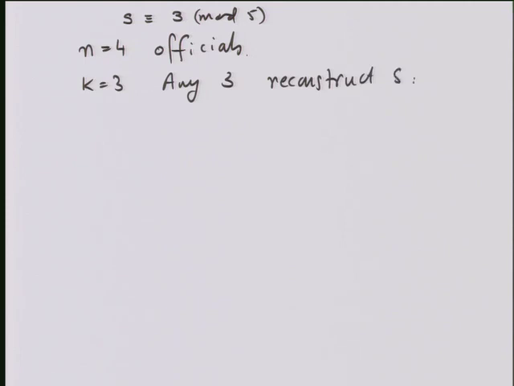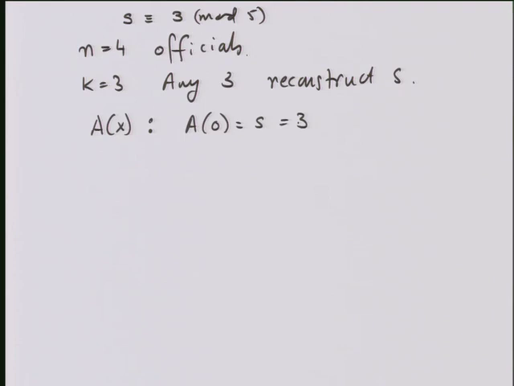Now, here's the idea. We are going to create a polynomial. We are going to choose a of x such that a of 0 equals S, meaning it's 3.